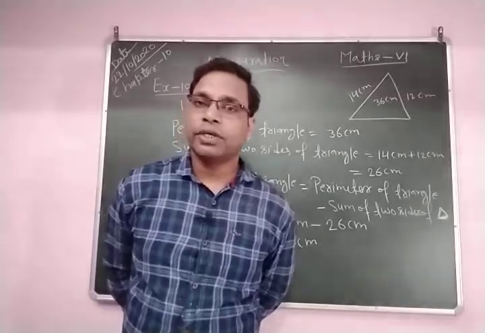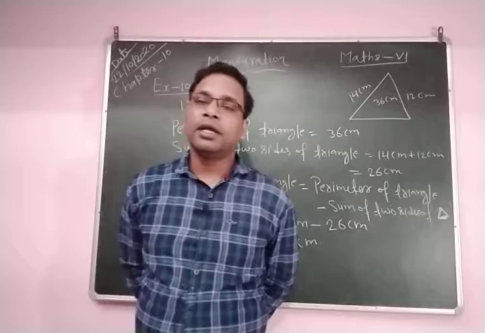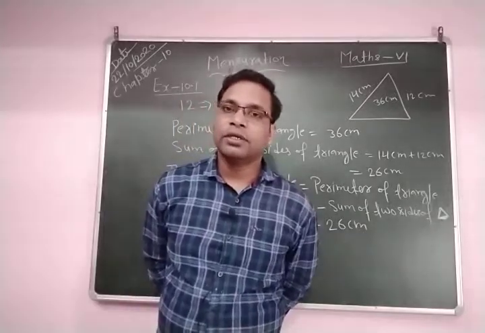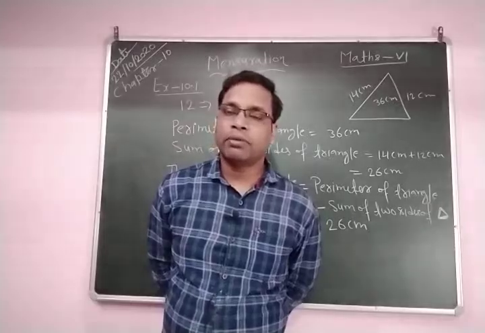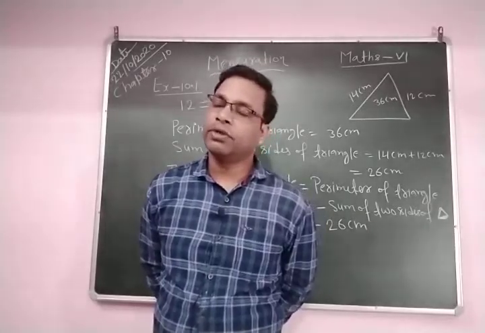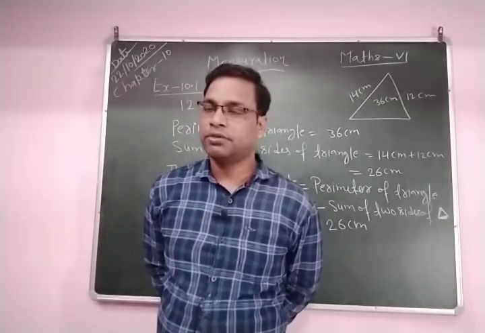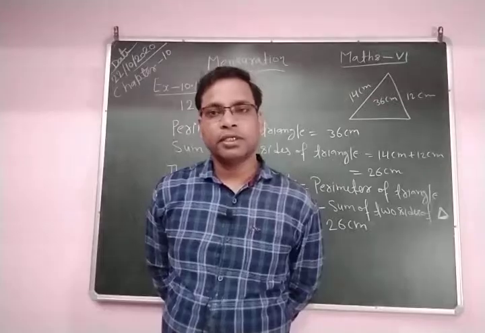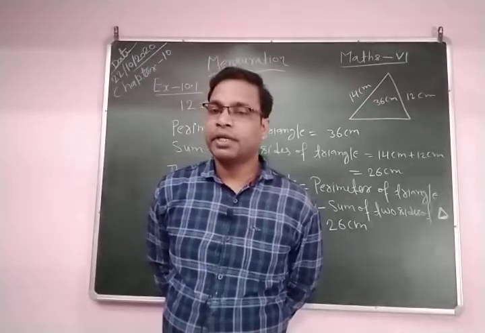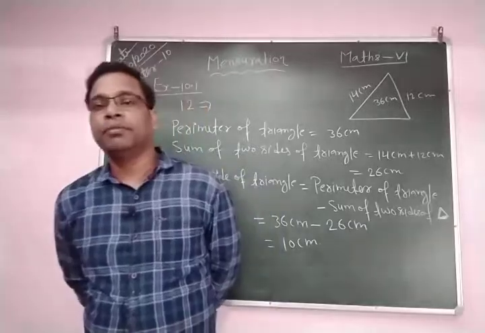First, we find the perimeter of the square box. Because this park is the shape of a square, we use the formula to find its perimeter, which is 4 into the length of a side. The length of the side is given as 250 meters. After this, the rate of fencing is given as 20 rupees per meter.